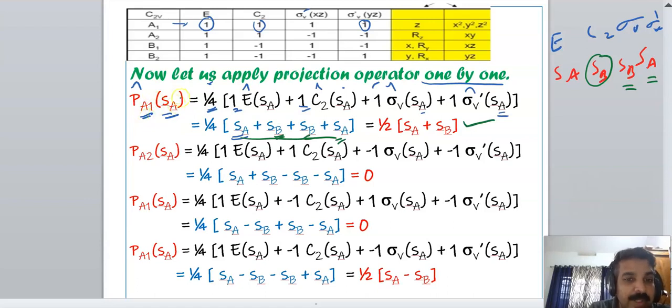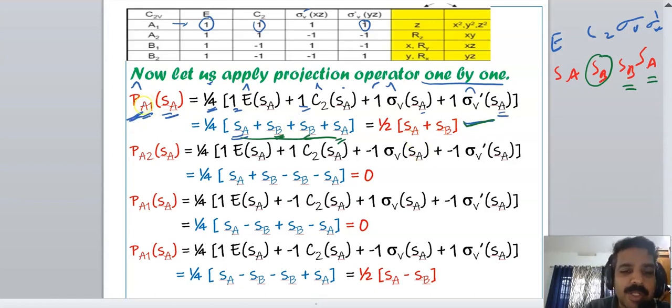So the projection operator A1 acting on the function SA projects out a combination of SA plus SB, that is half SA plus SB. That means the linear combination SA plus SB has a symmetry of A1. Okay, can you follow me?